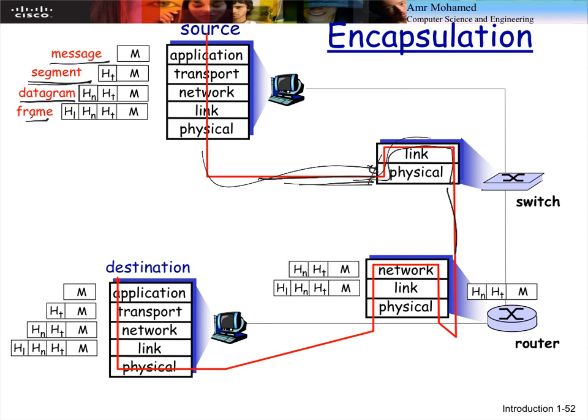That's why we have to go up in the stack. So depending on whether the device is a switch or a router, I always have decapsulation and then encapsulation, decapsulation and then encapsulation, and I keep doing this until I arrive at the destination.